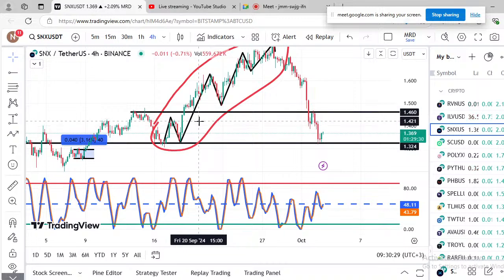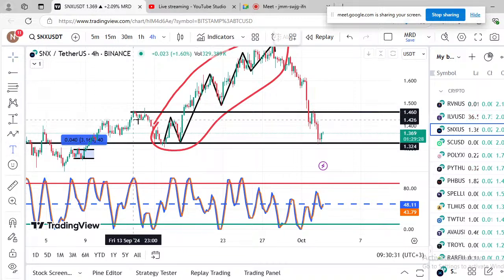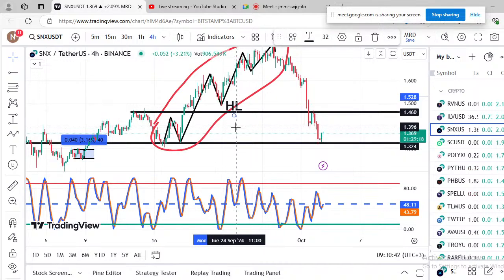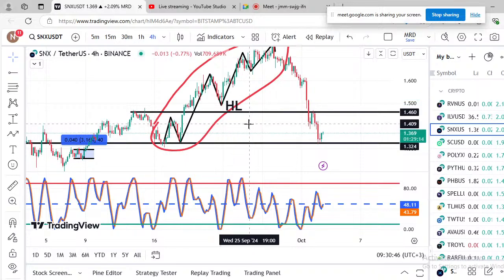Therefore, this was our first higher low. This was it at this point. Our first entry was supposed to be at this higher low.